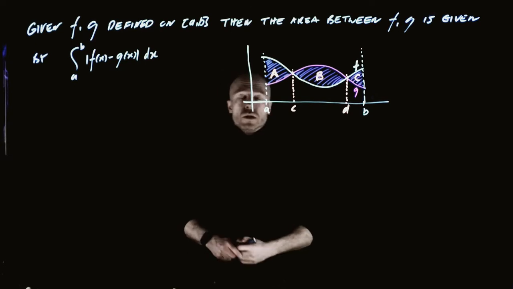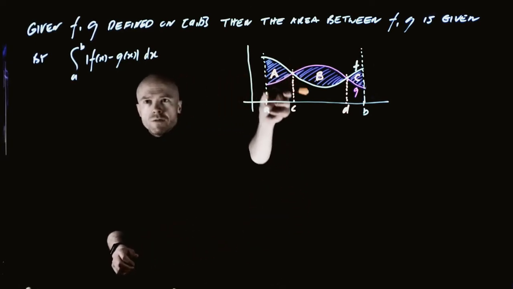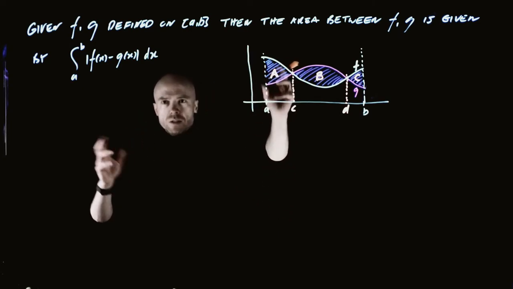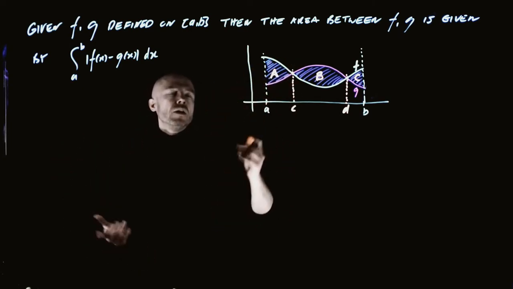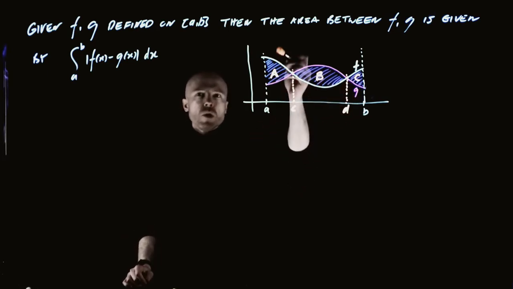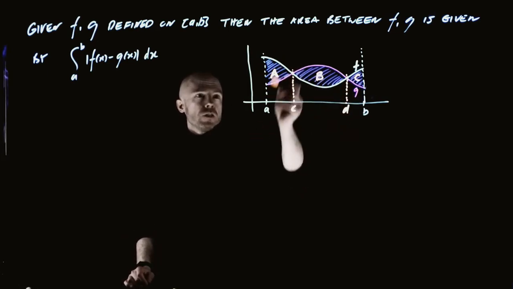Then, understanding what capital A is, since we agree capital A is the area, we know how to do that because that's the situation we already understand, where one function is on top of the other, where in this case f is above g.